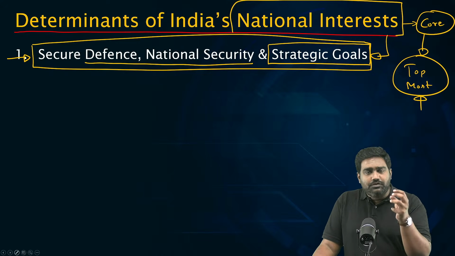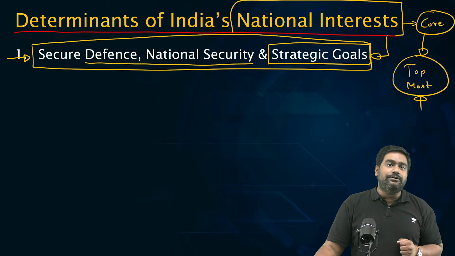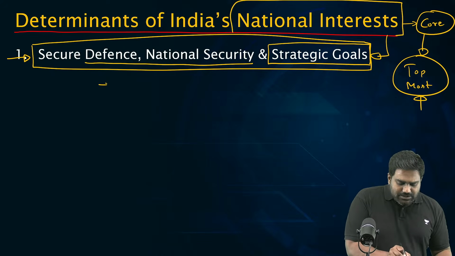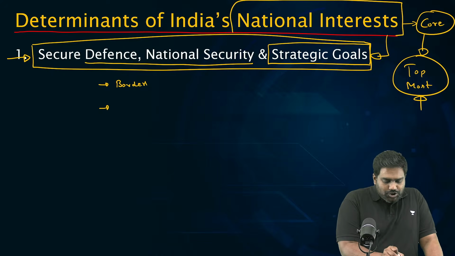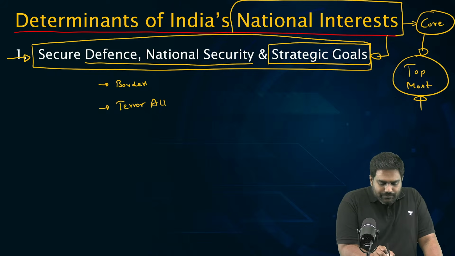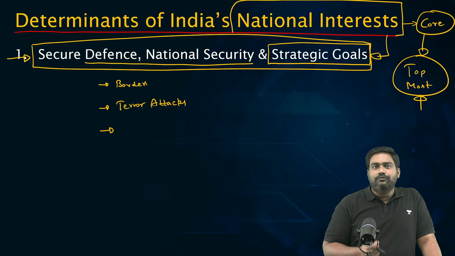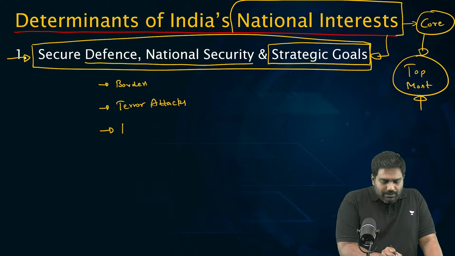This becomes one of the core ingredients of our national interest. So, this includes the protection of our borders, ensuring that terror attacks are prevented, or at least the impact of it is mitigated, ensuring that the hostile enemies of the country are tackled.